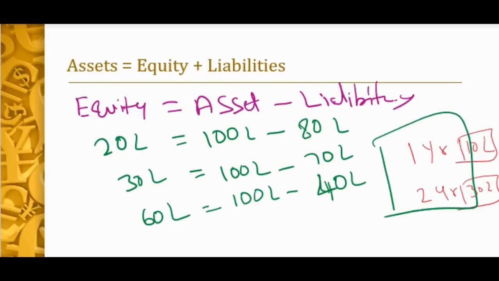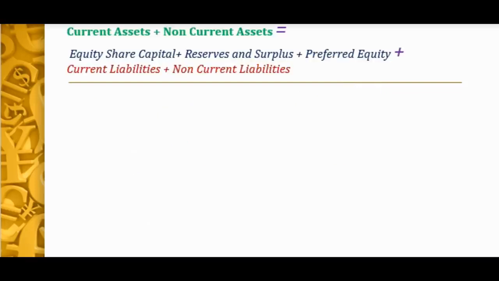Now let us look a little deeper into the classification of assets, equity and liabilities. Assets are classified into two types: current assets and non-current assets. What are current assets?